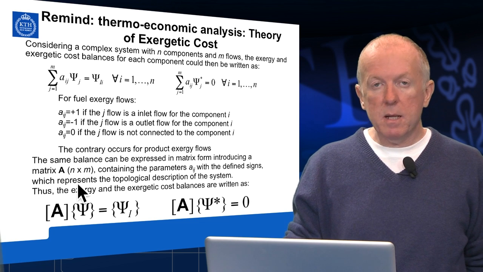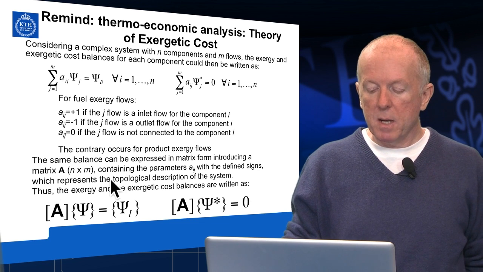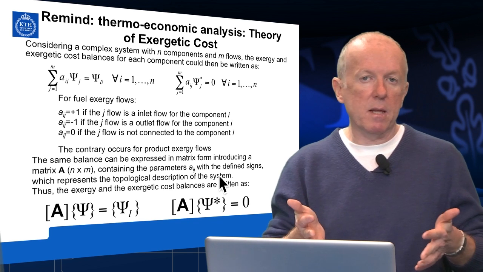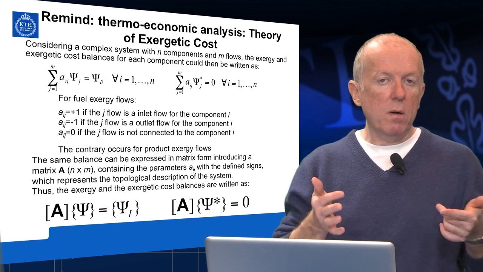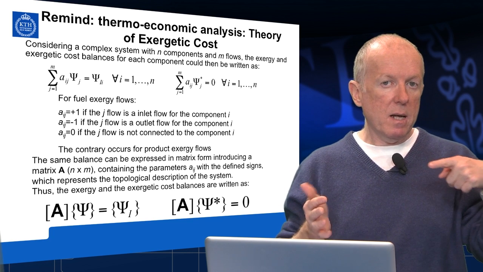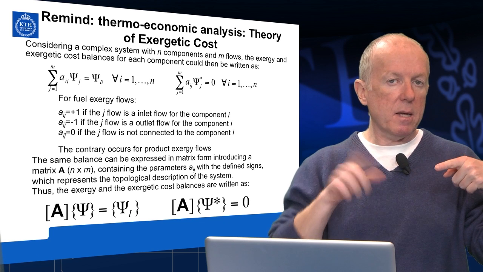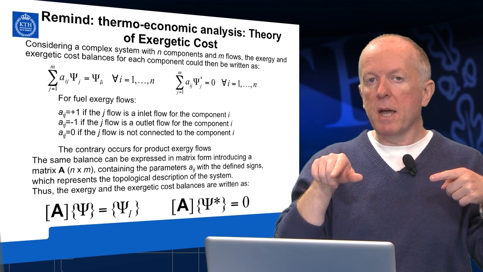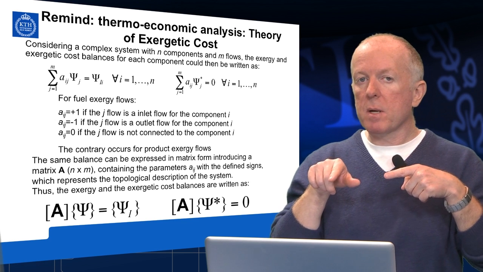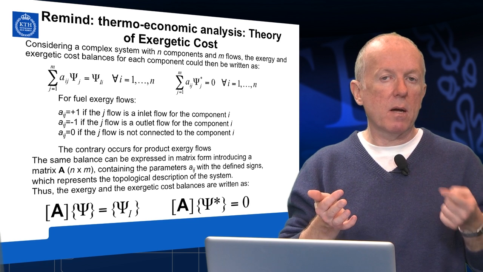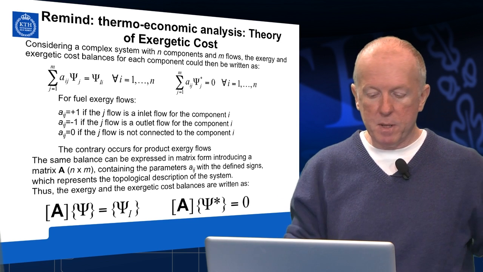This matrix at the end represents the topological description of the system. So it represents how the system is organized in terms of which flow enters in which component. It takes a +1 if the flow j enters in the component i, a -1 if the flow j exits from the component i, or 0 if the flow j is not connected to the component i.